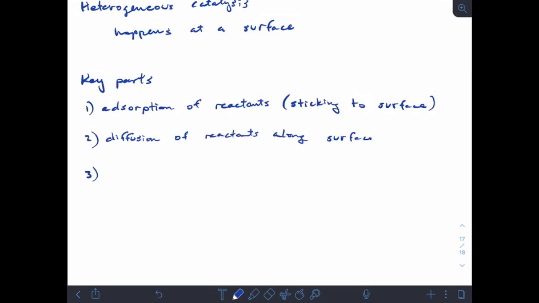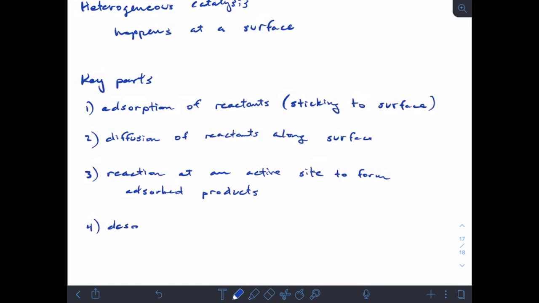Step 3 is we have reaction at an active site. And when we have that reaction, we form adsorbed product. And then step 4 is desorption of those products, so unsticking.